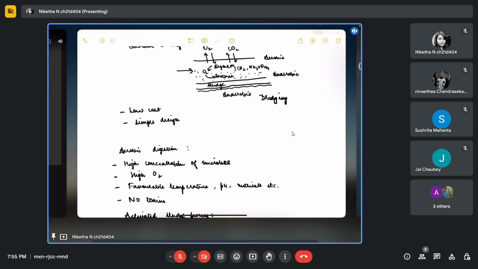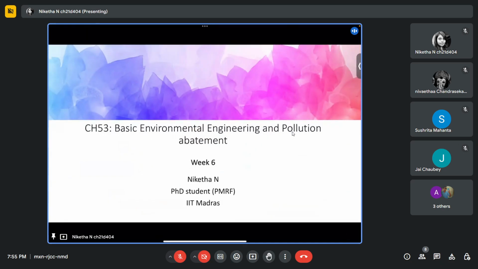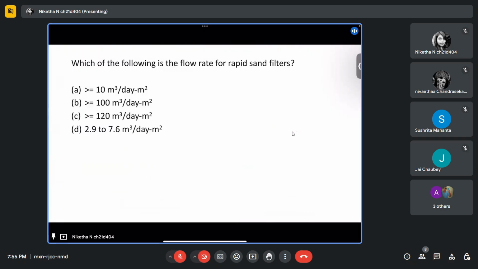Okay, if there are no questions, then we'll proceed to the question and answer session. First question. Which of the following is the flow rate for rapid sand filters? Any answers?